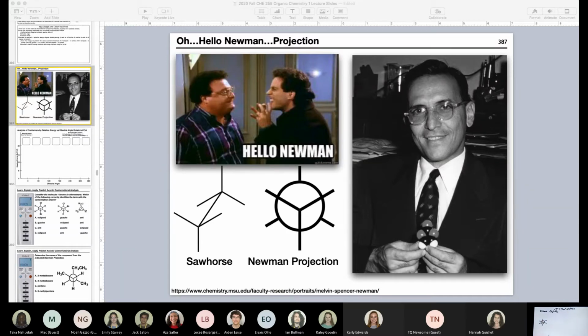So I'm going to start with the staggered conformation. And what I'm going to do, just so that we see something is happening, because all the substituents are the same, they're all hydrogen, right? I'm just going to use blue and red to show that something is actually happening in this process.